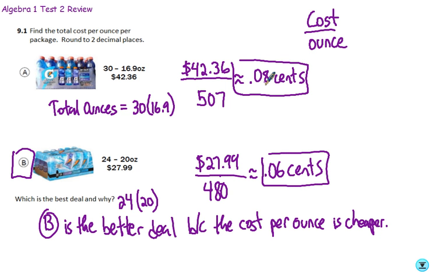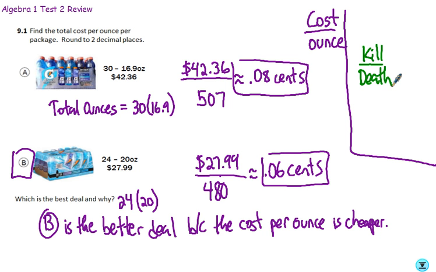And by the way, for those of you that are familiar with Call of Duty or one of those types of games, if you think about a kill-death ratio, this doesn't have anything to do with Gatorade, but I want you to see another example of this kind of calculation. You're taking your number of kills, dividing it by your number of deaths, and then you get a number. If that number is equal to 1, then you have an equal number of kills and deaths.